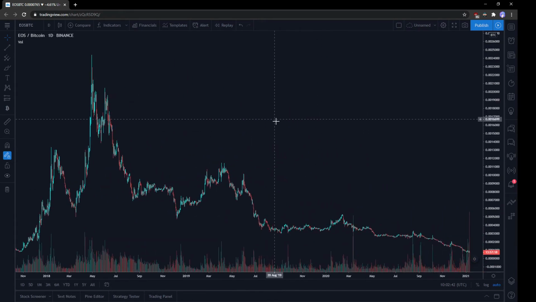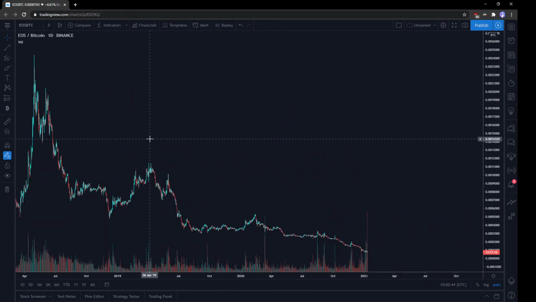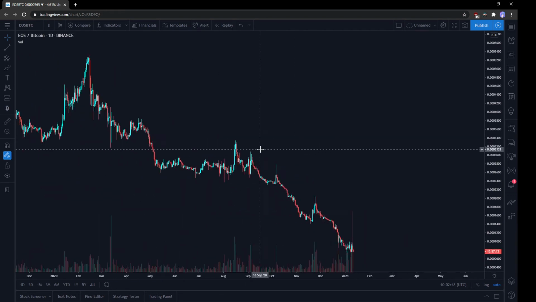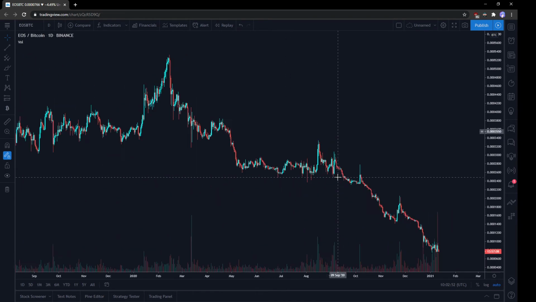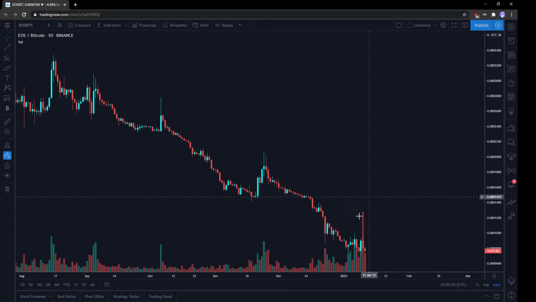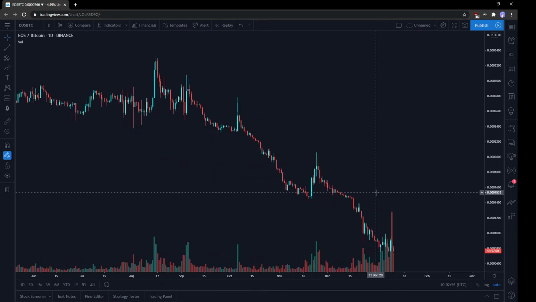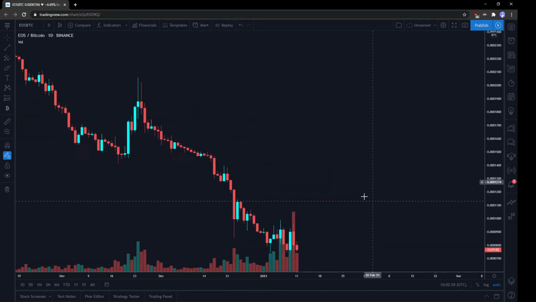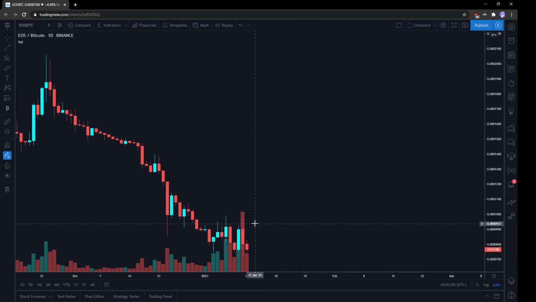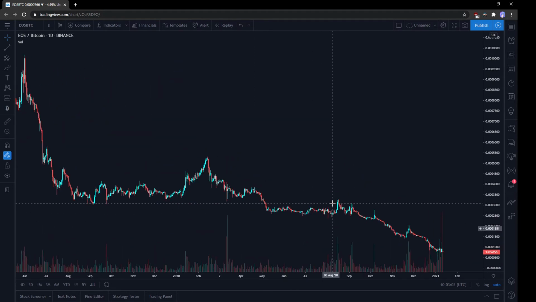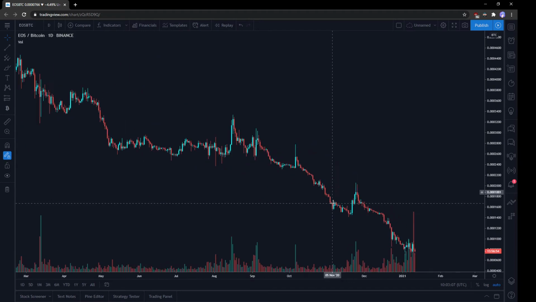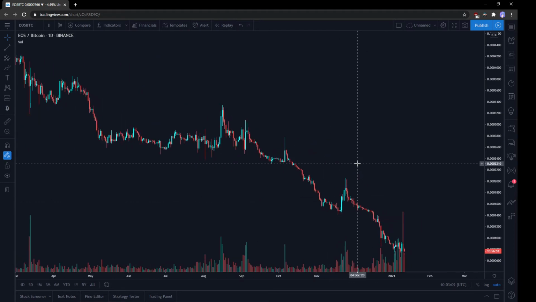It has been in a downtrend since 2019, and it's still not showing any kind of reversal. We have a volume spike here, but it's a sell volume, so it's clearly not enough. So I will keep an eye on this pair, but I would not trade it right now.